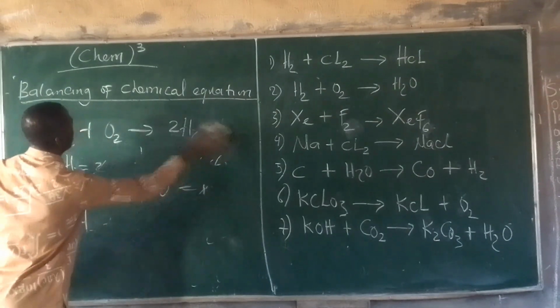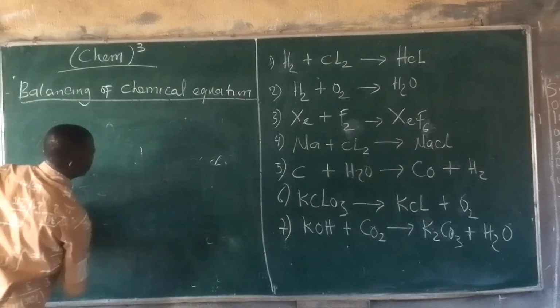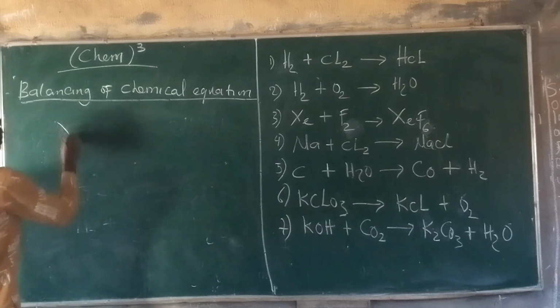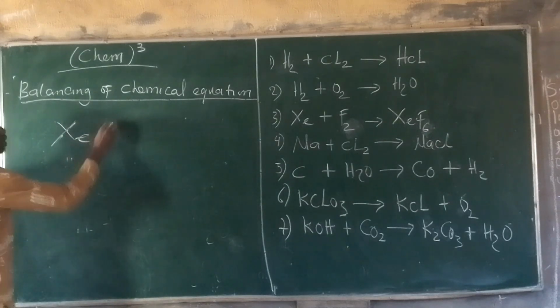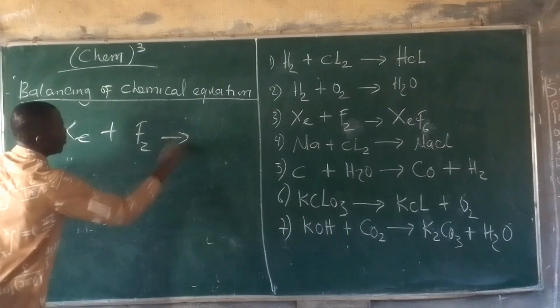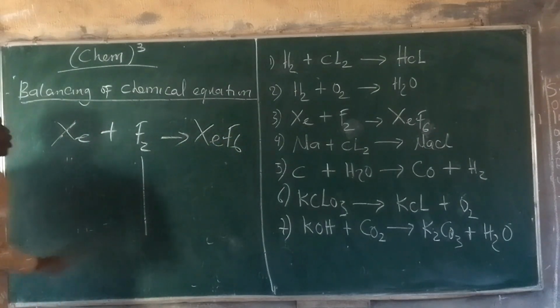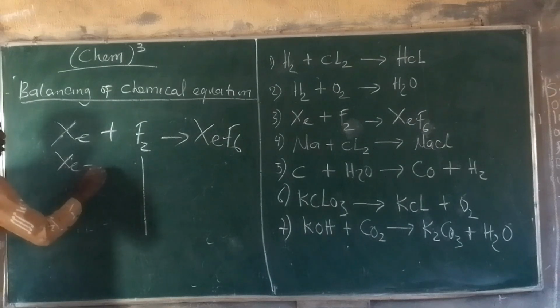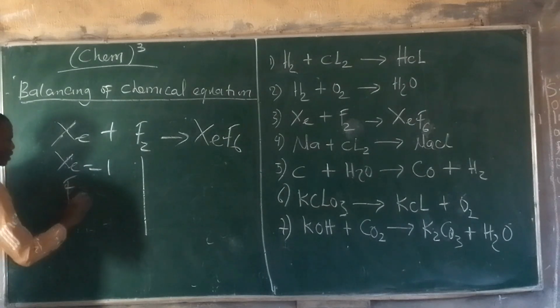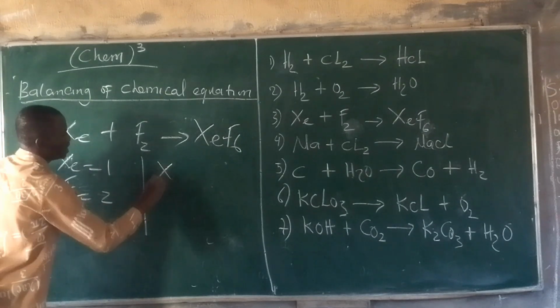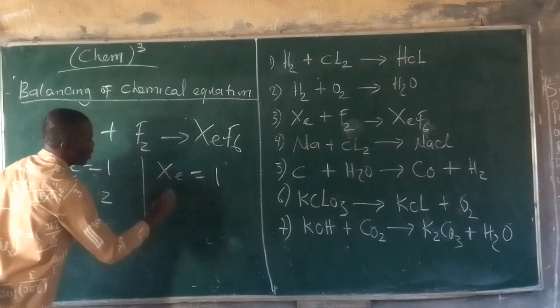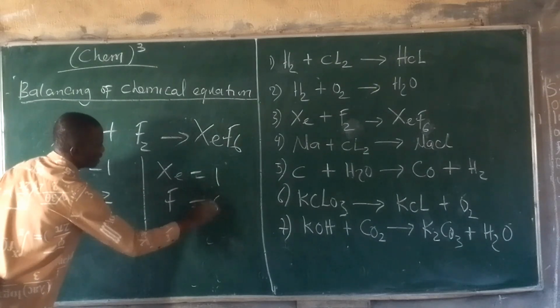Alright, let's solve the next one. The next question gives us xenon plus fluorine, the atomic molecule. So we have this. Now over here we have xenon is 1, fluorine is 2, xenon over there is 1, fluorine is 6.